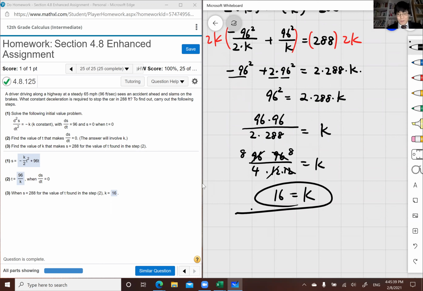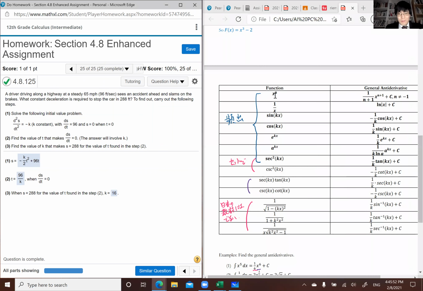So it's a short section. Other than understanding how to solve initial value problems, just be comfortable with finding the antiderivative of these basic functions, okay?